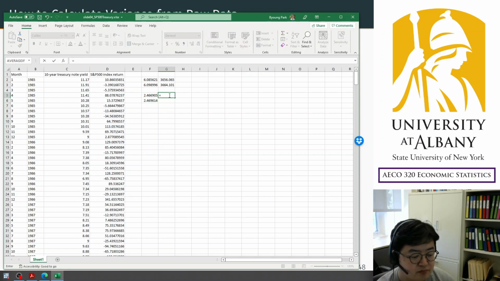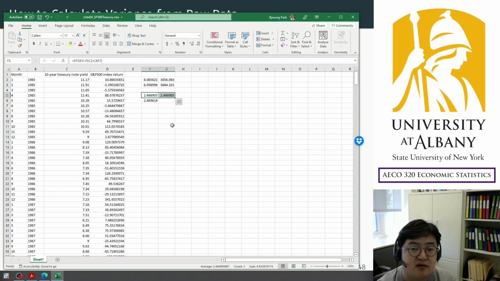And thus, just to verify, I use this formula. We already calculated the variance, so by taking the square root, we should be able to get the same number. Let's see if it's the same. Yes.